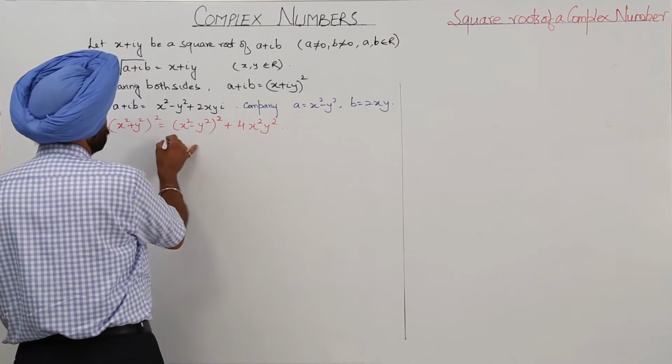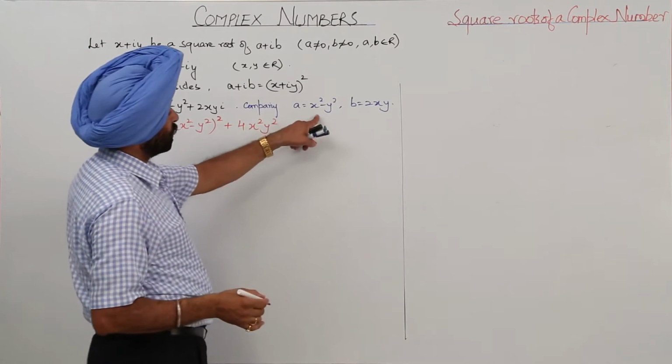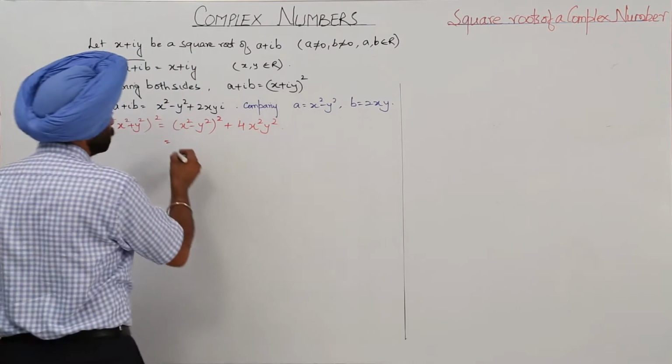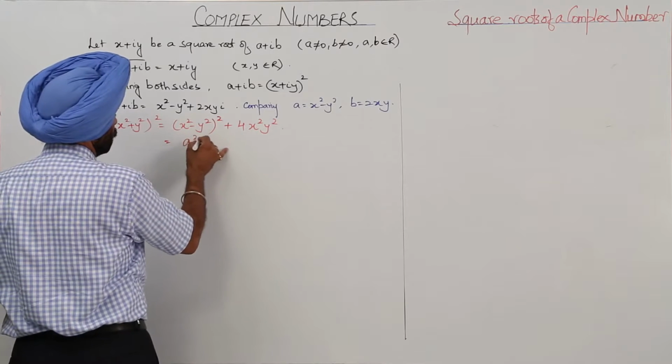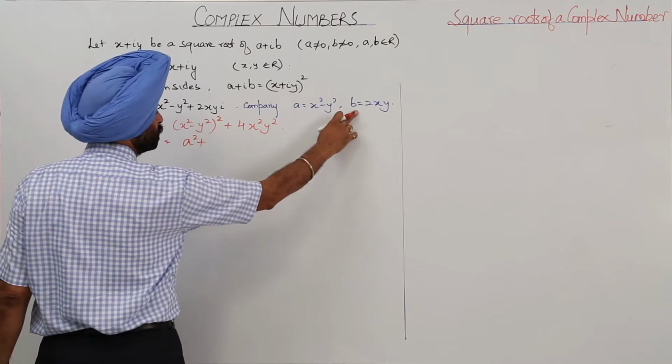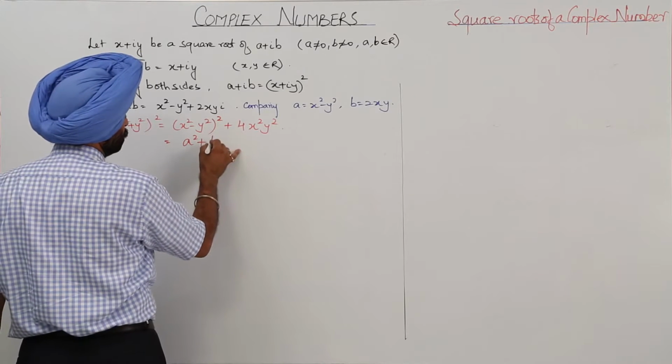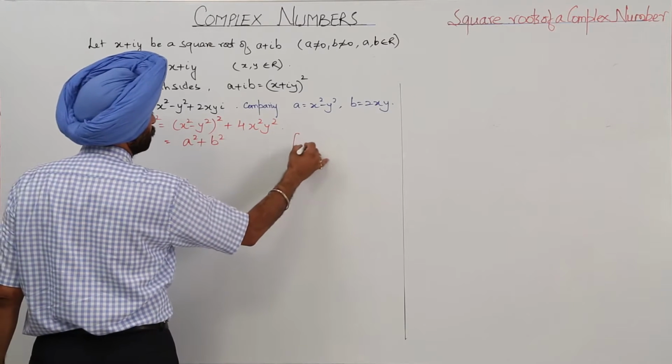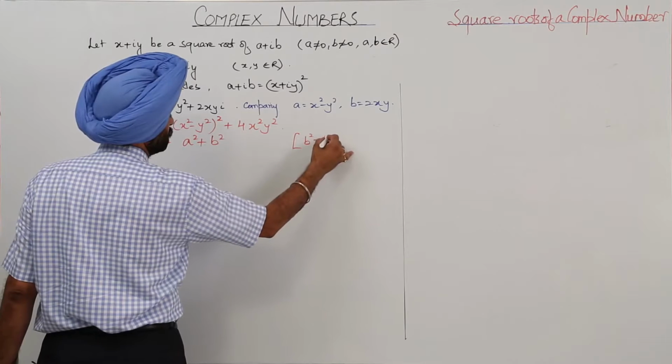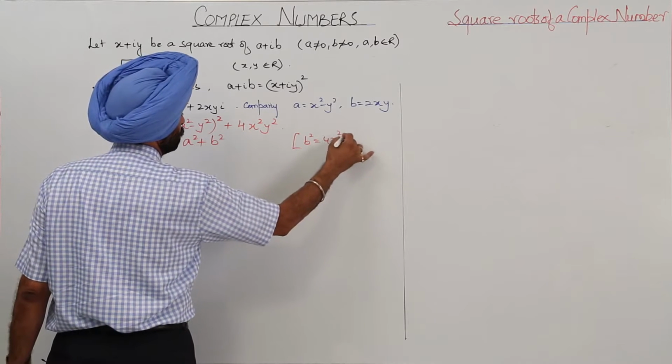Now, x square minus y square is what? It is a. So, we can write a square plus, and b is what? 2xy. So, this becomes b square. Now, b square is equal to 4x square y square.